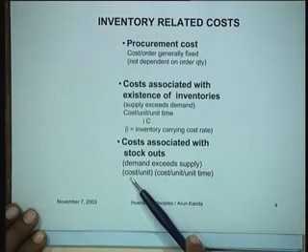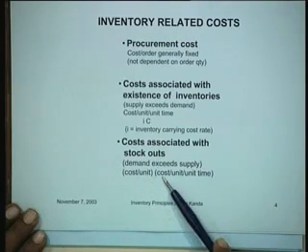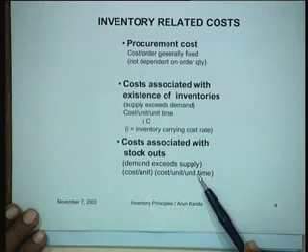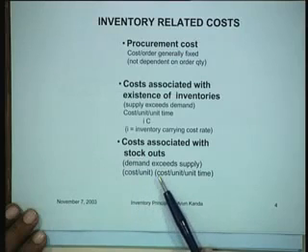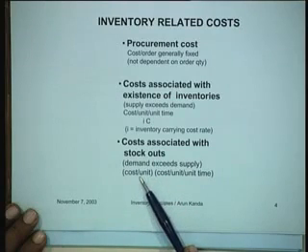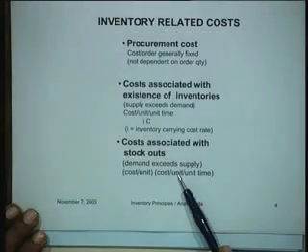So the typical way of handling these costs could be in the nature of either cost per unit or in terms of cost per unit time. This would typically depend upon whether you are dealing with lost sales or whether you are dealing with a back ordering situation.